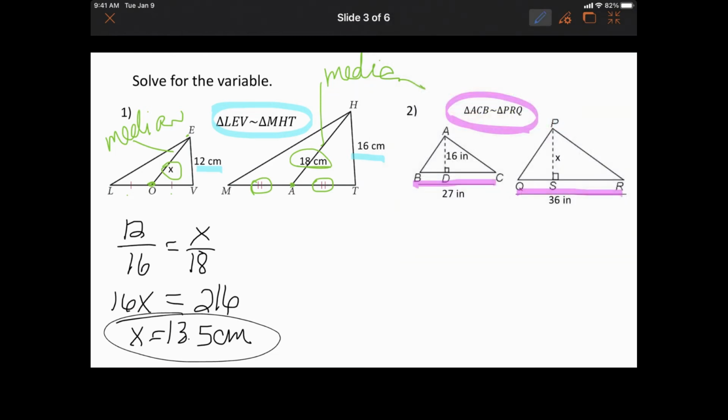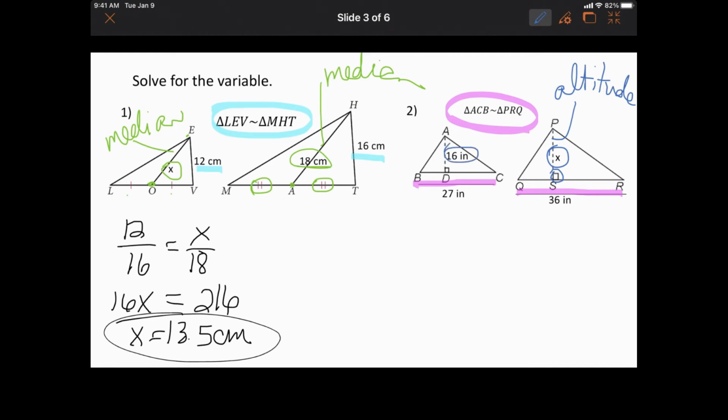I'm looking for x. Here I can see this is perpendicular, so that's 90 degrees. When I have a perpendicular from a side to the opposite vertex, this then is an altitude, or a height.